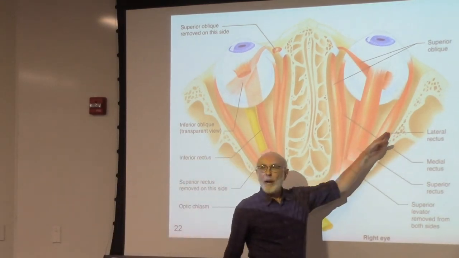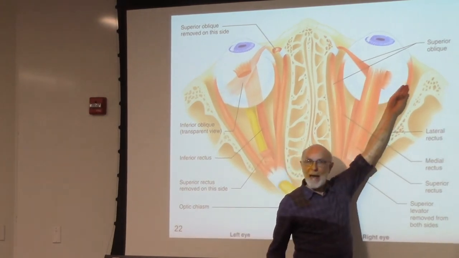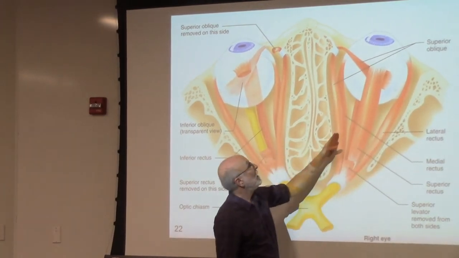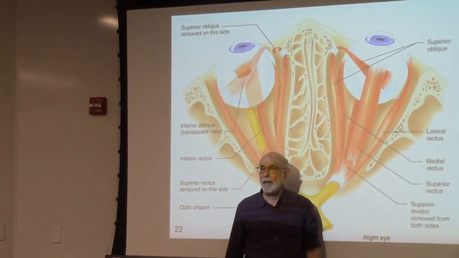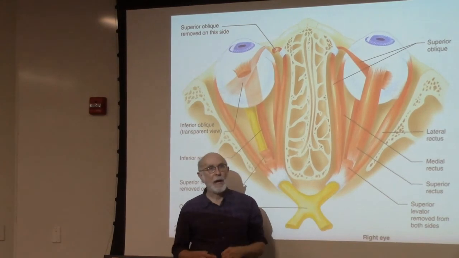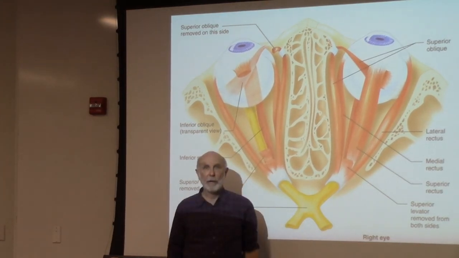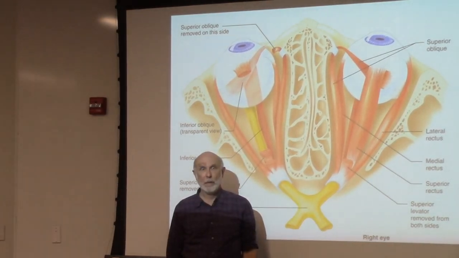We have the lateral rectus, which attaches to the lateral surface of the sclera, and the medial rectus, which attaches to the medial surface of the eye on both sides. So these are important for looking to the right or to the left.